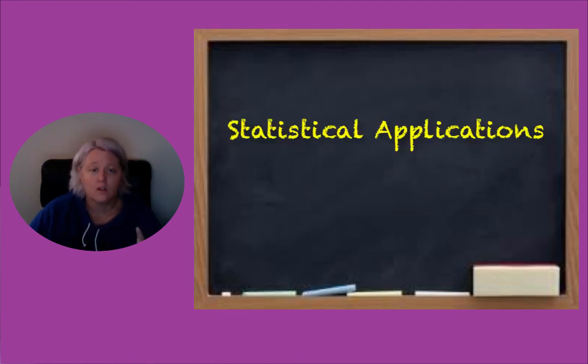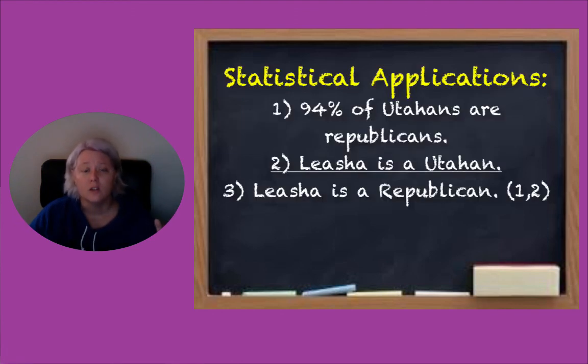Statistical generalization is one kind of inductive argument. A second kind is statistical application. Statistical generalizations go from a sample up to a general claim. Statistical applications take a general feature and apply it to a particular case or set of cases.